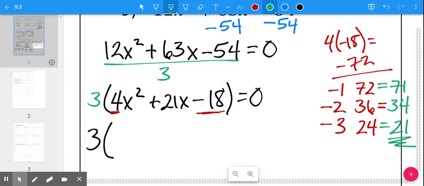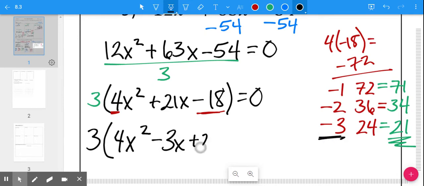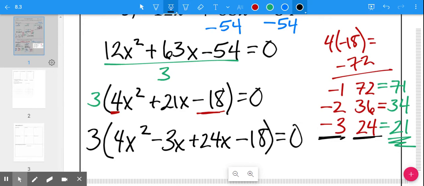When we set this back up, because a is not 1, we need to list everything out. So we have 4x squared minus 3x coming straight from our factors, plus 24x, again coming from your factors, and then minus 18. All we did there was break down this 21x into negative 3x plus 24x.